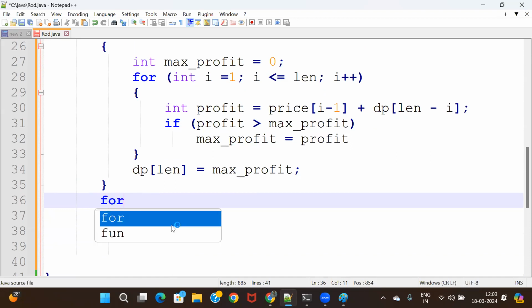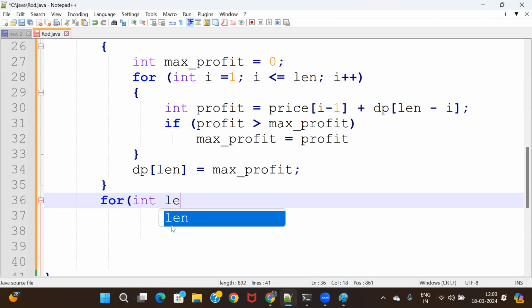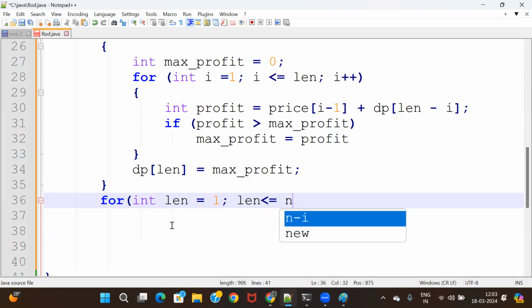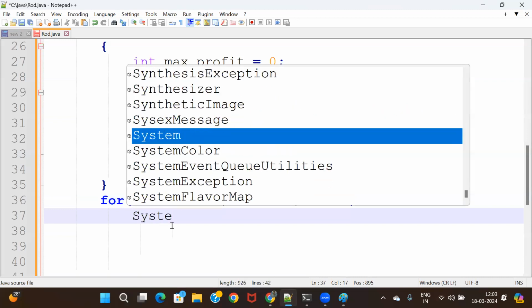Before we return the final solution, let us print all the solutions. For length is equal to 1, 2, length less than or equal to maximum length, you print the solution.